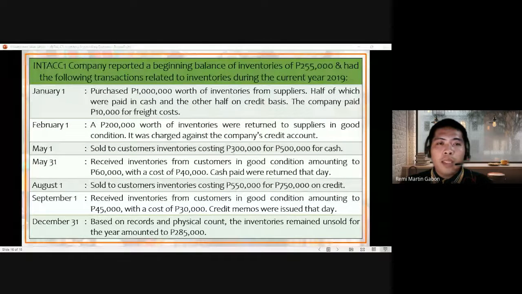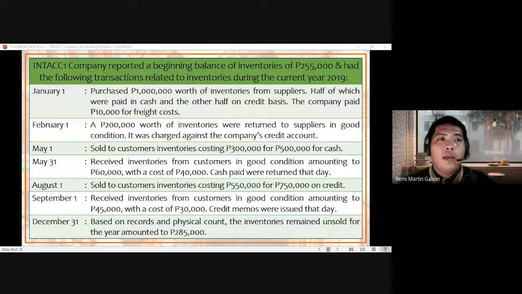Kindly show me ng computation ng 285 based on the amounts here in the transactions. Okay. Ilagay nyo sa chat box kung paano nakuha si 285. Okay, malay nyo lang. Nagjo-joke lang ako dito. Hindi ko alam. It is for you to verify.